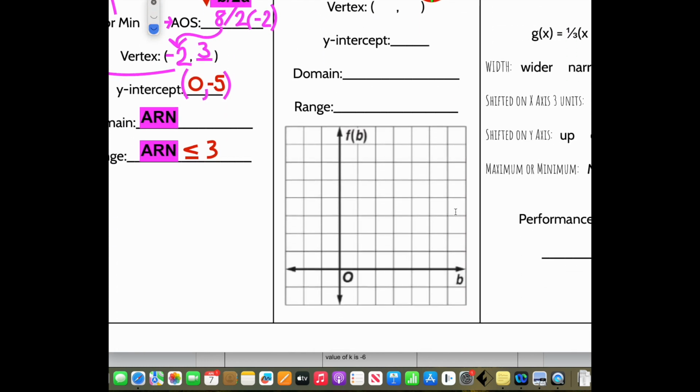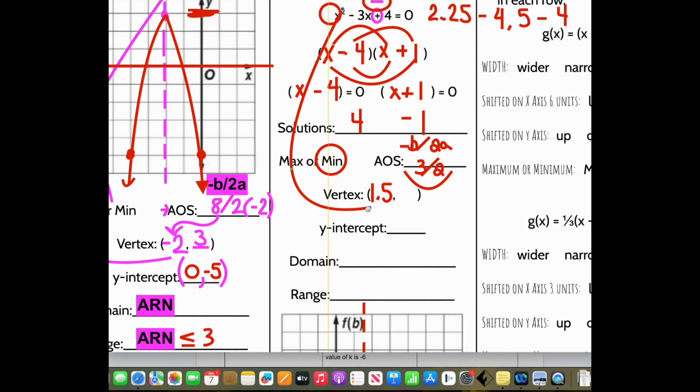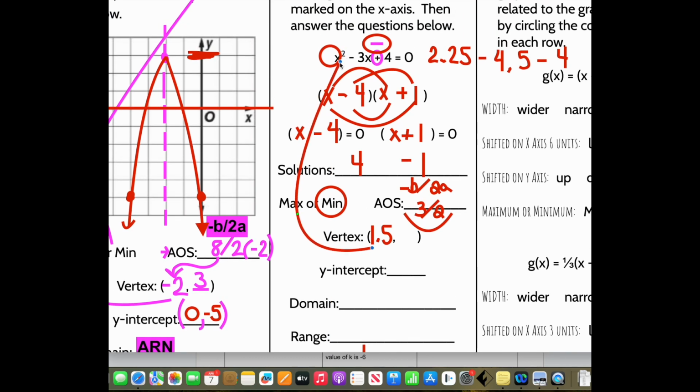So if I come down here to the bottom, over 1.5, our vertex is going to be somewhere along this axis of symmetry here. When you plug in the x value of the vertex, 1.5, in for x up here in the original equation, you get 1.5 times 1.5, which is 2.25.